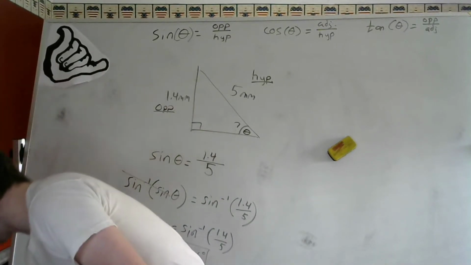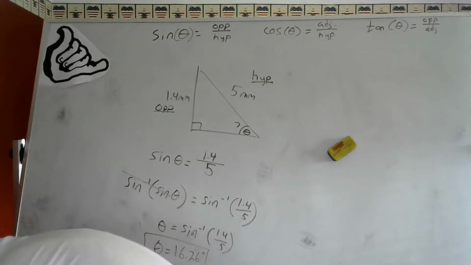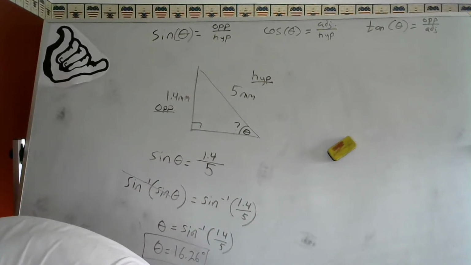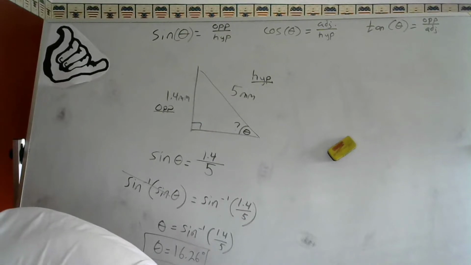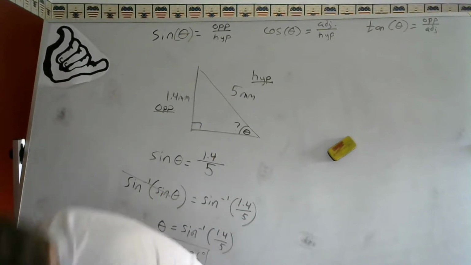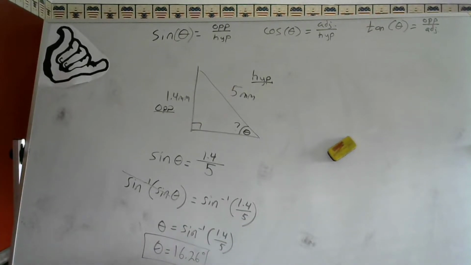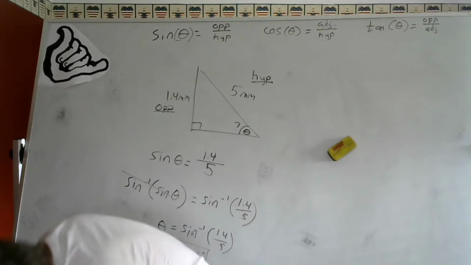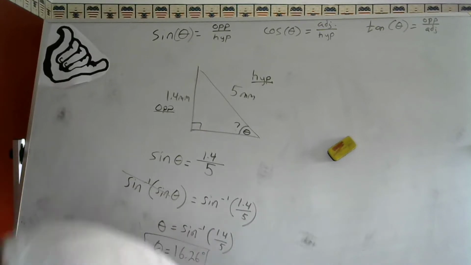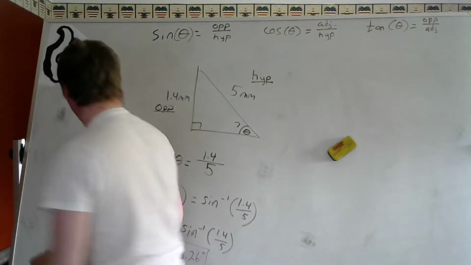You could use the same thing to figure out your third side if you wanted, or alternatively, you could just know that every triangle has to add up to 180 degrees, and you can figure out that last angle. Right?